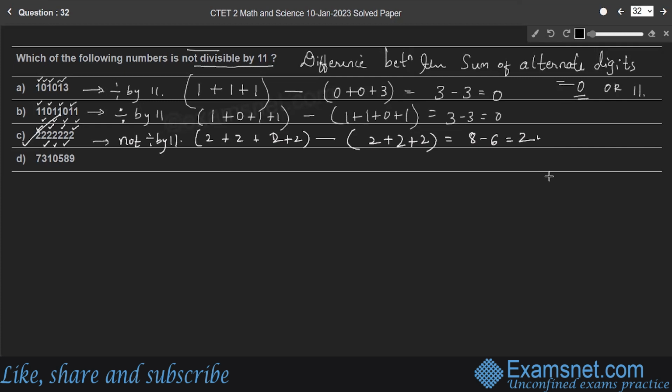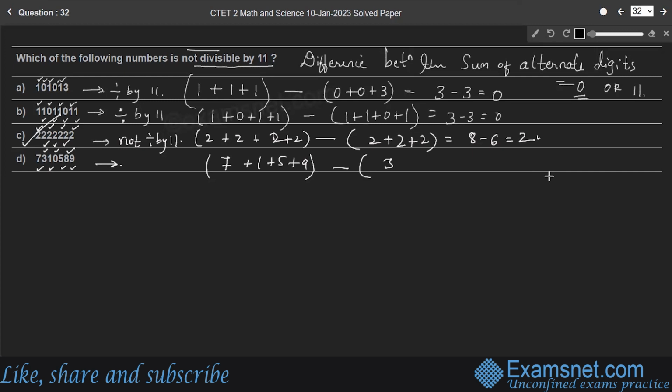So the third option is not divisible by 11. You can verify the answer by taking the last option also. So consider the difference between the sum of alternate digits, 7 plus 1 plus 5 plus 9, minus the sum of the numbers in even places: second place 3, fourth place 0, plus 8.